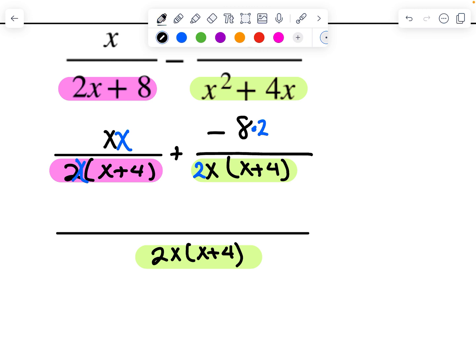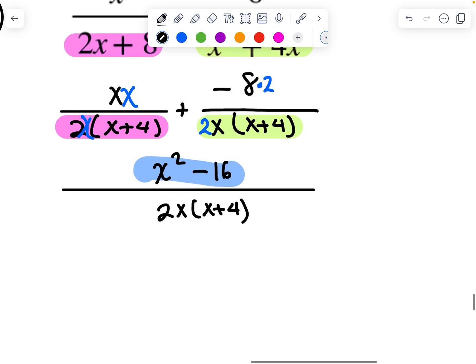So then, x times x is x squared. Negative 8 times 2 is negative 16. But, ding, ding, ding, you guessed it, that is the difference of two perfect squares. So now, my friends, this can be factored. So we're going to factor that.